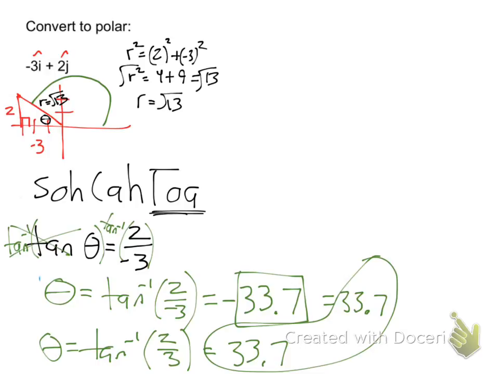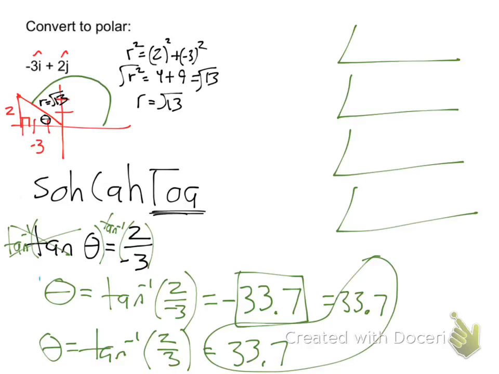It's the angle to get there in that particular triangle, and therefore we're going to use it by adding it or subtracting it from 180 and 360 so that we can get all of our angles. We now have all of the pieces we need. We know theta is 33.7, which we'll use to our advantage, and we know the radius is the square root of 13. We now have the ability to create our 4 different points to get there.